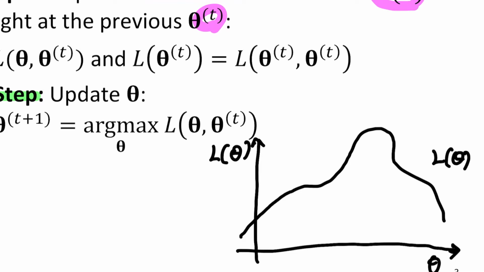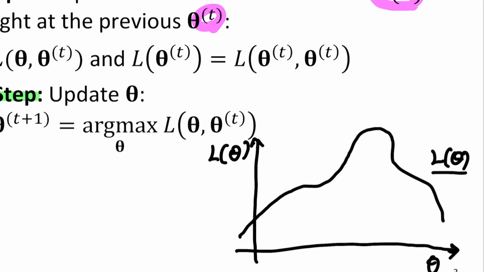And as we discussed in the previous slide, it is really hard to optimize this L of theta directly. So what we want to do is introduce a new loss function that is easier to solve. So let's say there is a quadratic loss function, something like that. It's much easier to solve, right? So, okay, let's say this is the initial theta here.